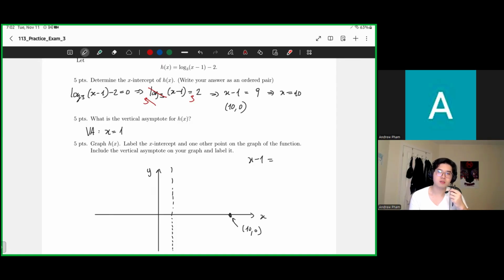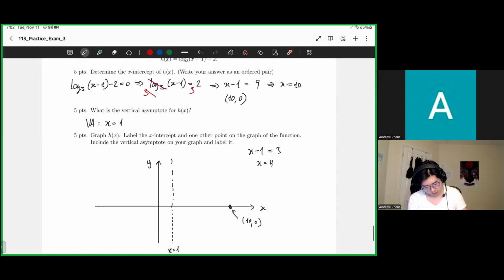So powers of 3 are going to be 1, 3, 9, 27, and so forth, 81. So let's set this equal to 9. Actually, no. 9 doesn't work, right? Now you get 10. So we can think about setting it to 3, I guess. So x is equal to 4.